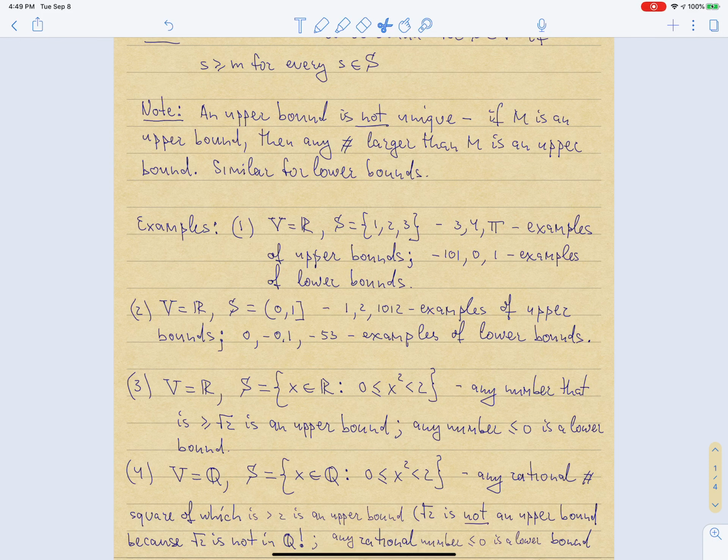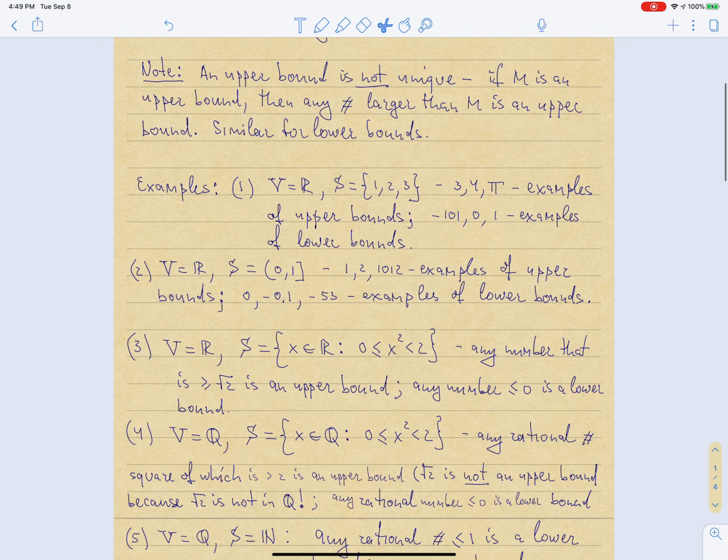Okay, but there are still upper bounds, because if I take any rational number, the square of which is greater than 2, then that's an upper bound. So if I take 2, then 2 squared is equal to 4, 4 is bigger than 2, so x equal to 2 would be an upper bound on this set. x equal to 3 is an upper bound, x equal to 1000 is an upper bound.